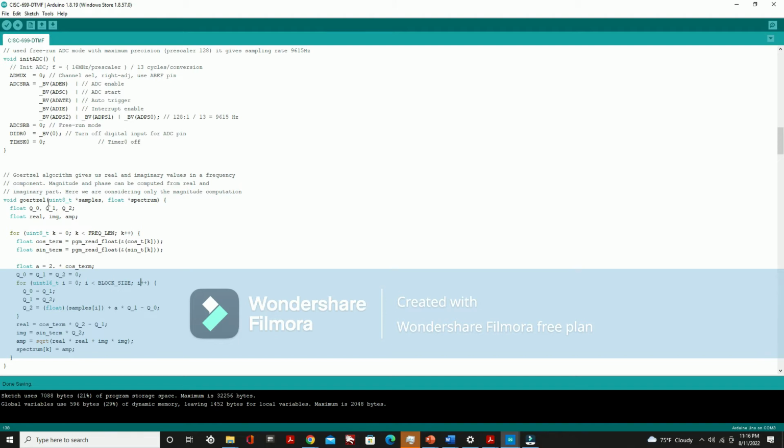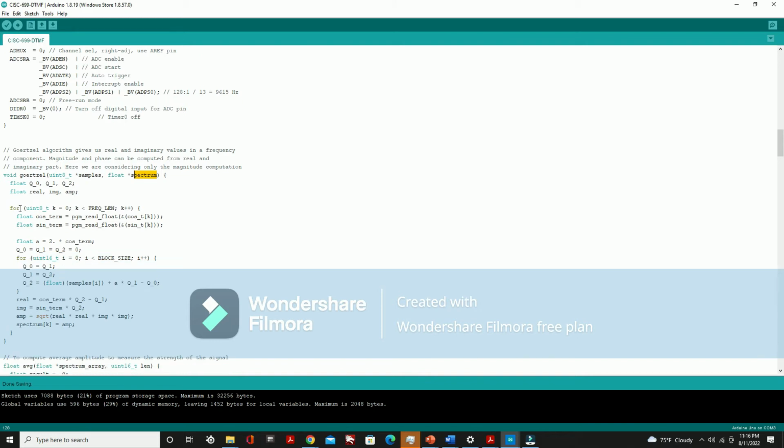If you look at the variables I'm inputting to the Goertzel algorithm function, they are the samples and the spectrum. Spectrum is actually the input which I captured through the A to D conversion.